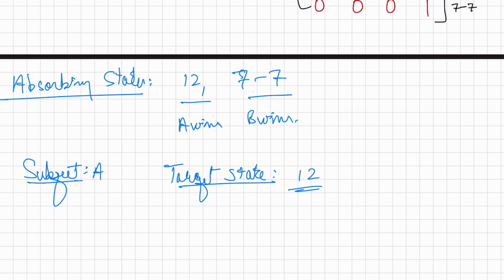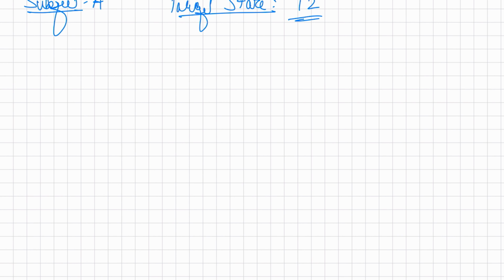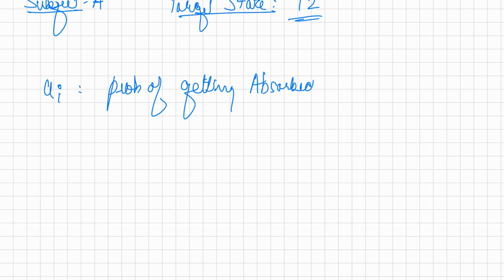If you remember these equations, we had a_i as the probability of getting absorbed in state 12 while starting from state i.